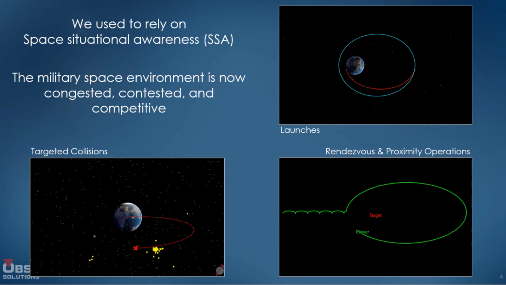And then, is my high value asset a target for hostile actions, such that we have to be aware of things like collisions from kinetic kill vehicles or something similar? So no longer can we operate assuming space is benign, but we have to operate as if there are hostile intentions.